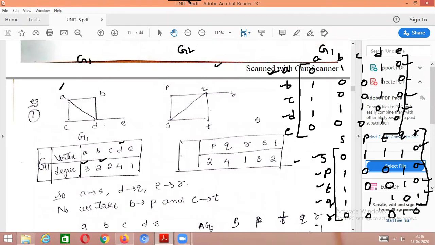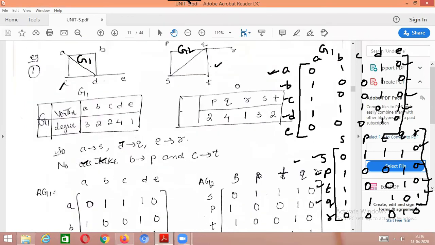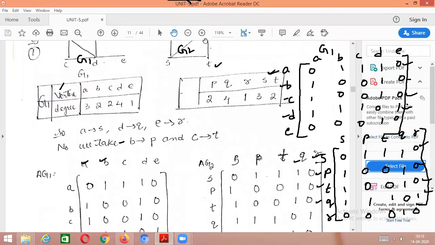Now one more thing: you check whether any of the above properties fail, and mainly you have to concentrate on that. Whether these two graphs fail any of the above properties, such as cycle length 2, cycle length 3, everything will be the same here.